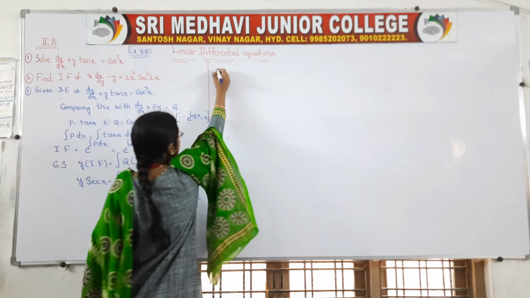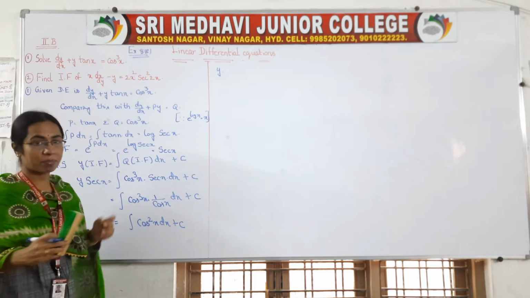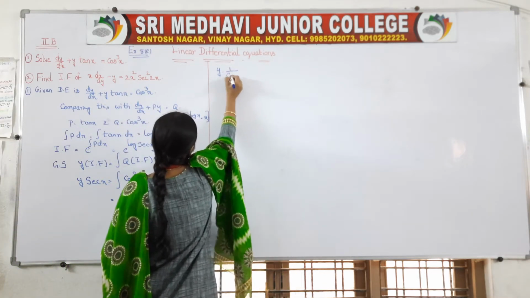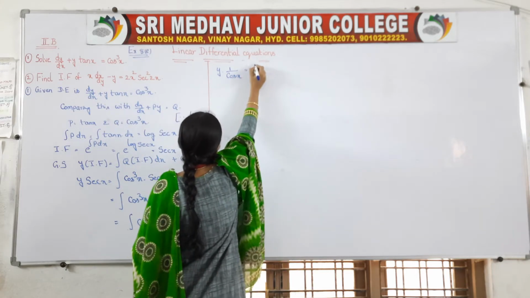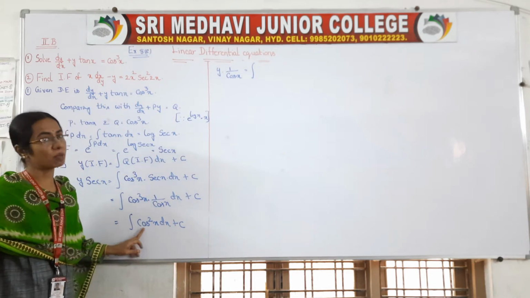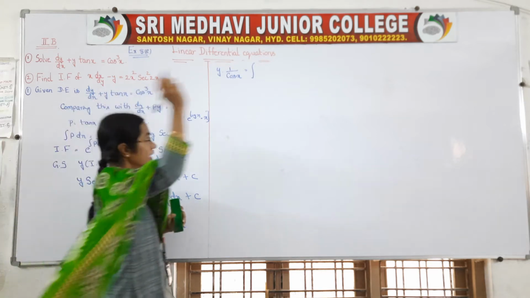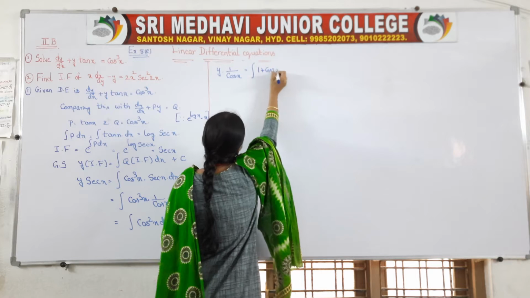Here y into secant x can be taken as y by cos x, is equal to integral cos square x. There is no direct formula for integrating cos square x, so cos square x can be taken as 1 plus cos 2x by 2.